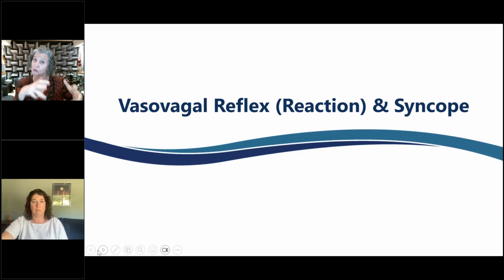That cycle starts with pooling of blood in the extremities. Then that triggers a baroreflex, and the effect of that is to have both the pulse and the blood pressure come down at the same time. When the pulse and blood pressure come down at the same time, the blood does not perfuse into the brain and the person will pass out.